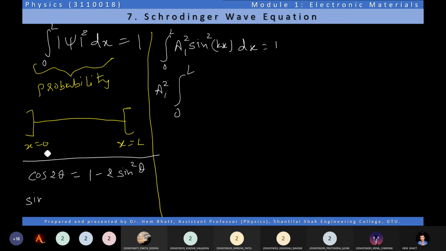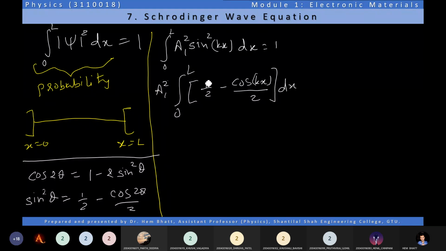So if you make sin square theta subject of formula, it becomes 1 by 2 minus cos 2 theta by 2. So that is what I'll make use of. 1 by 2 minus cos kx by 2 dx, and that should be 1. આનો જવાબ 1 આવવો જોઈએ.